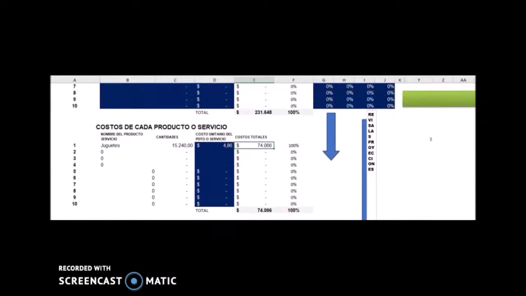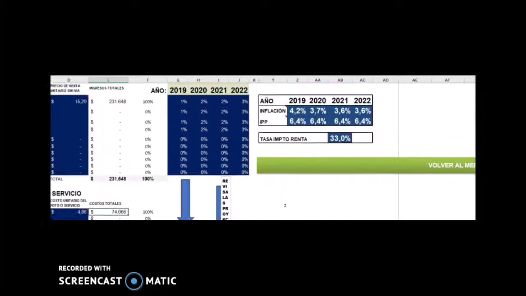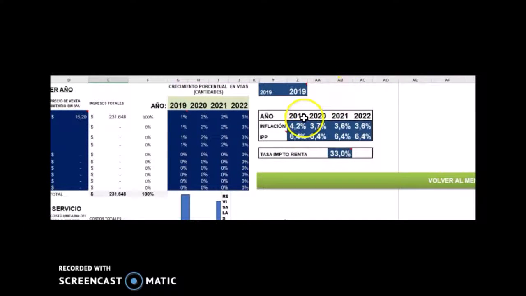So as we saw here, we are making these projections. We took also into account the inflation rate in 2019, 2020, 2021, and 2022, and the IPP also. We had 6.4% for 2019, 6.4% for 2020, 6.4% for 2021, and 6.4% for 2022.